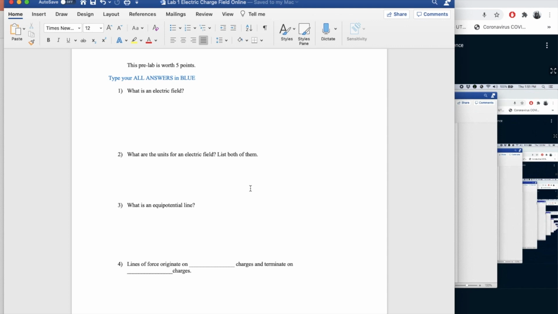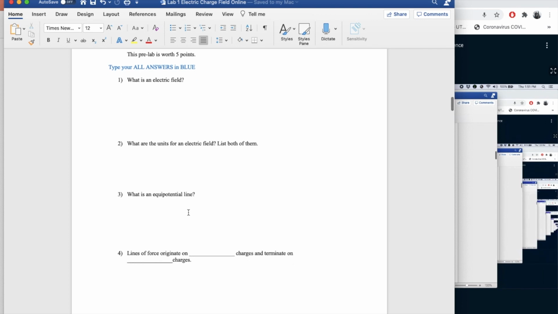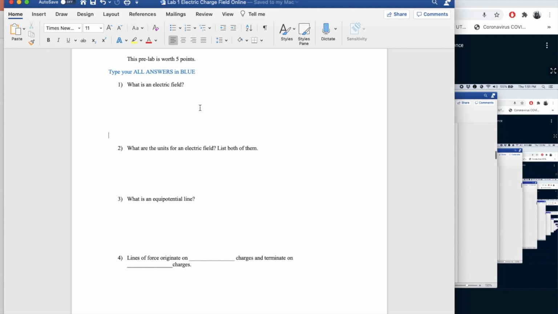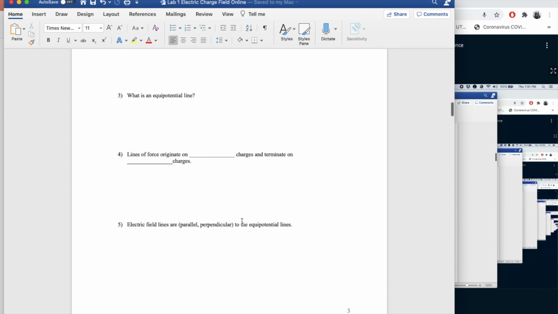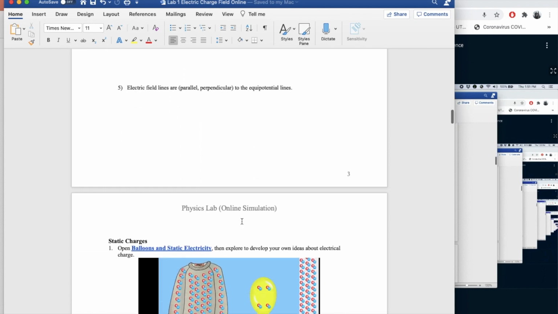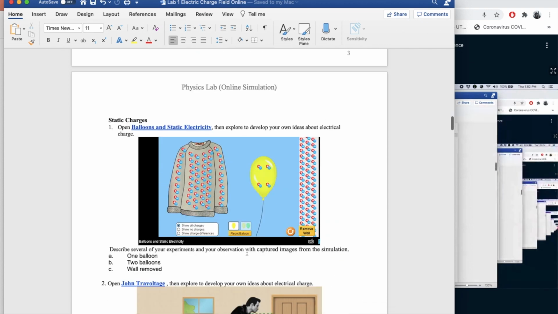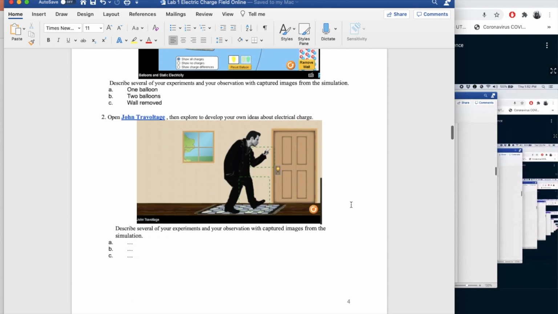This gives you a general idea of what to expect in the lab. Please type all your answers in blue so that it's easier to see your answers right away. You'll type your answer here, save it as a PDF, and submit it back in Canvas.